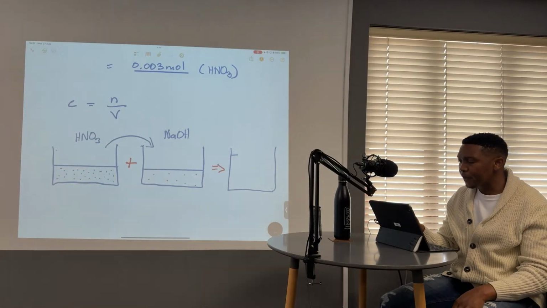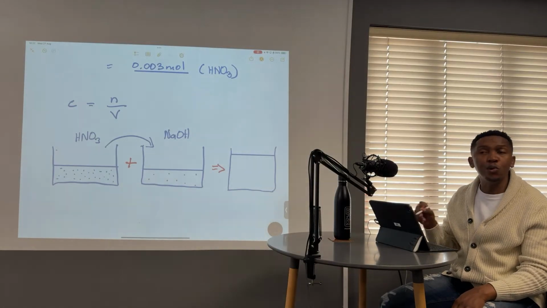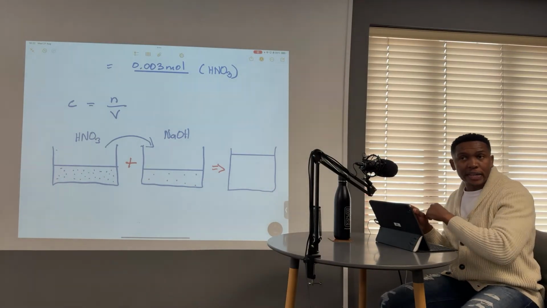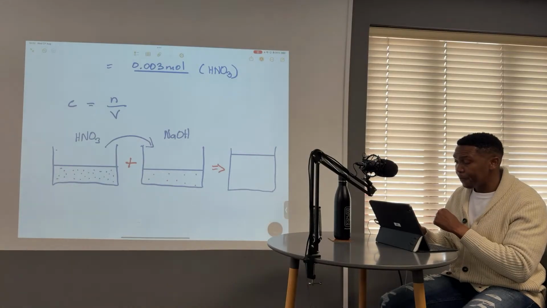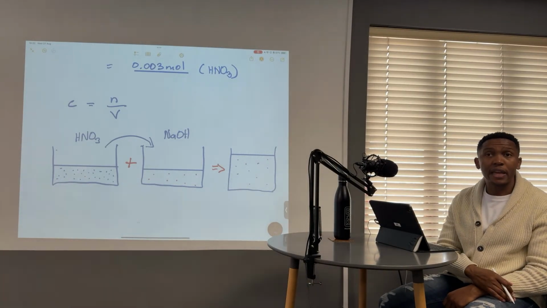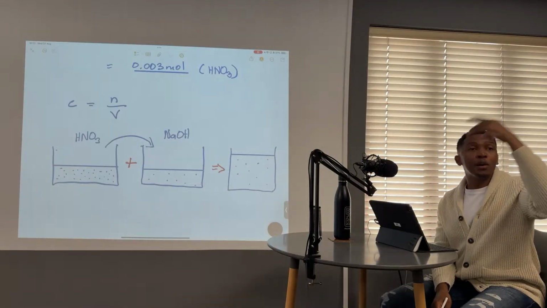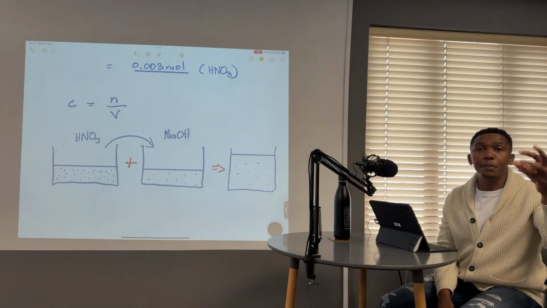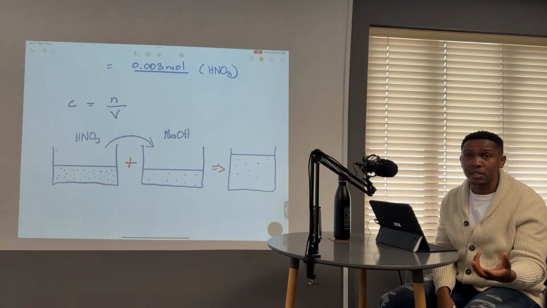So here's my resulting solution. Because I've got more blue than red, all of the reds will be squashed out. What am I going to end up with? A solution with blues only, and there are fewer blues than there were initially. Why? Because they've been squashed by the red particles.